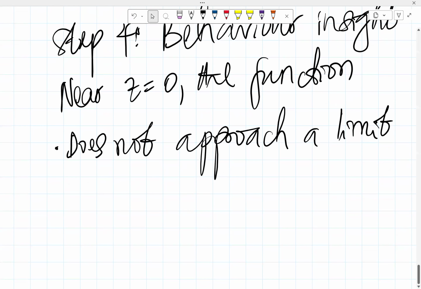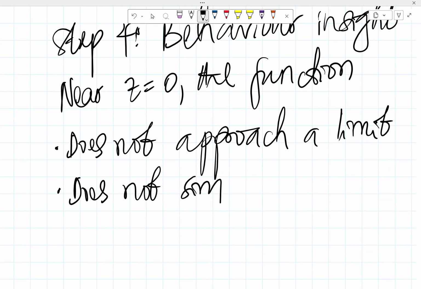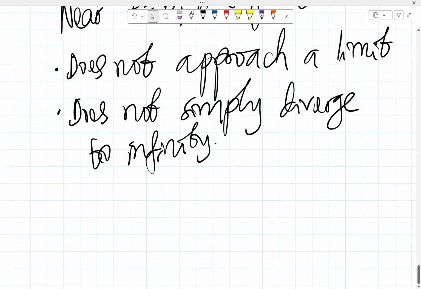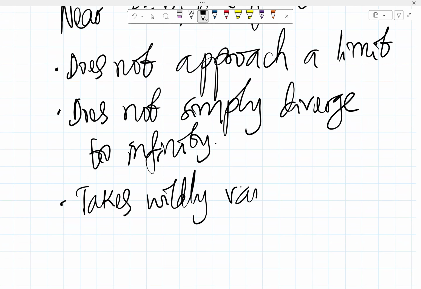So here, first of all, the function does not approach a limit. Two, it does not simply diverge to infinity. And the next thing is that the function takes wildly varying values.